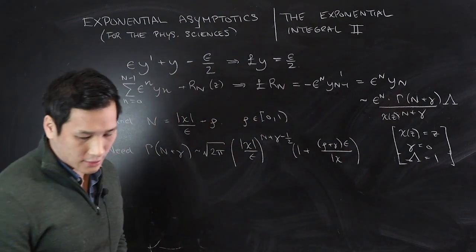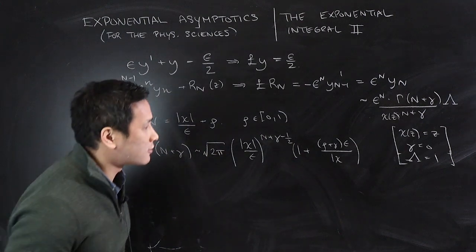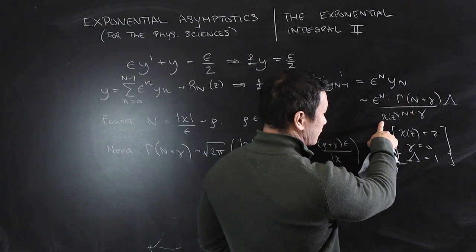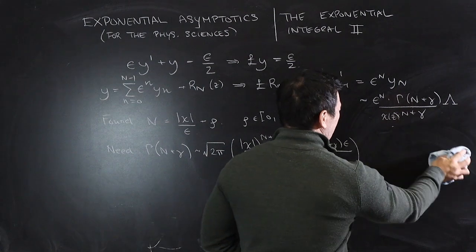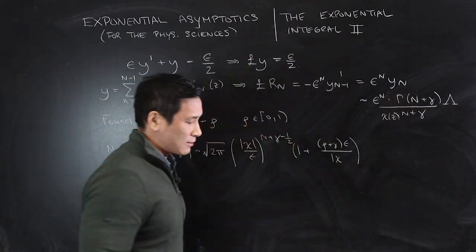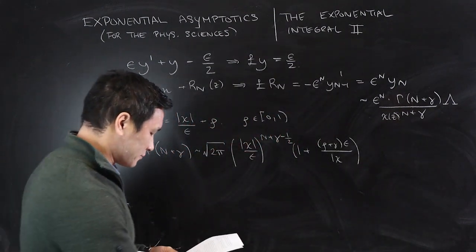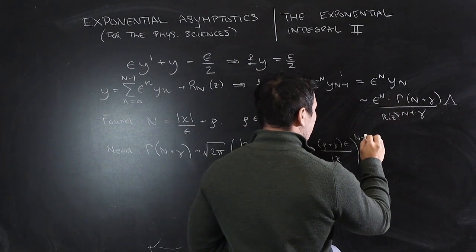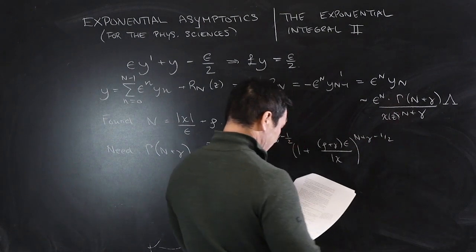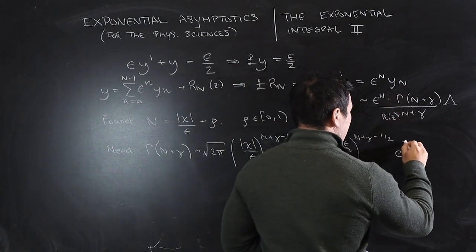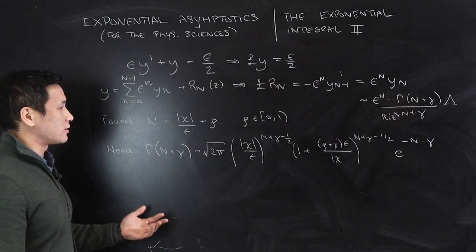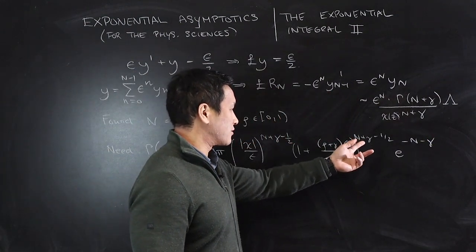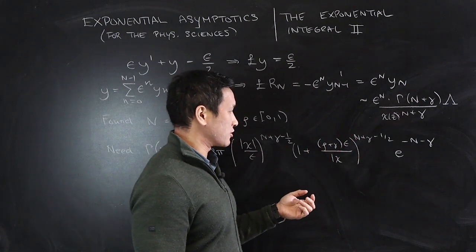I'm going to erase that quantity on the right there. So just remember, whenever you see a chi, it's just z, and gamma is just 0, and lambda is 1, for the simple case that we're doing firstly. And so this is n plus gamma minus a half, and then this is e to the minus n minus gamma. It's a very annoying expression to work with because basically n is large, so you always have to ask yourself, how do I interpret this expression?